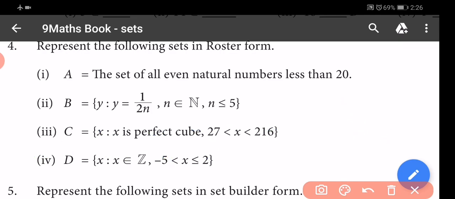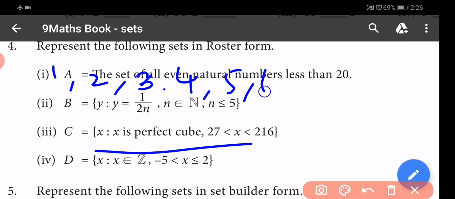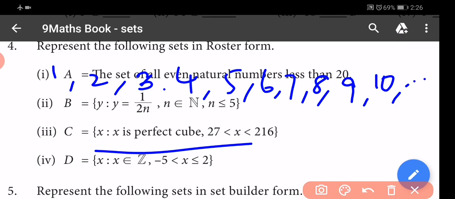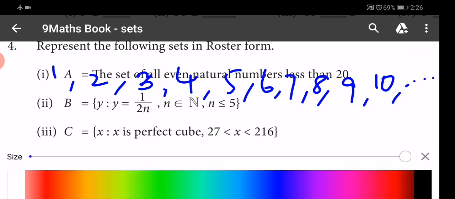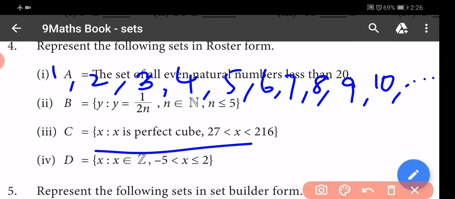Okay. And the third one: for all x such that x is a perfect cube. So perfect cube means, you know perfect square numbers. You know the natural numbers 1, 2, 3, 4, 5, 6, 7, 8, 9, 10 and etc. If we square all these numbers, then they are called perfect square numbers.